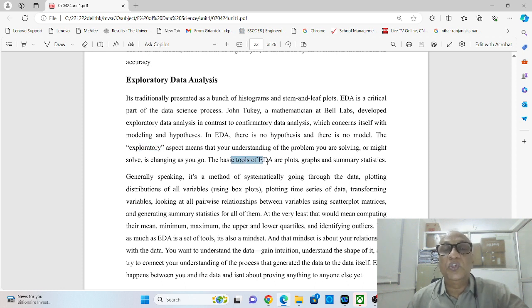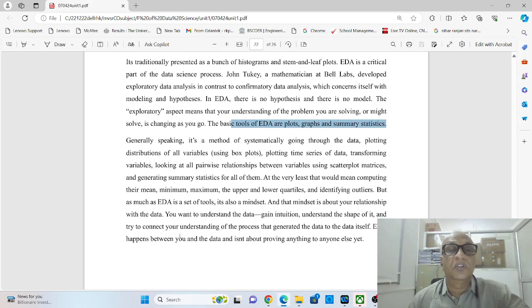The basic tools for exploratory data analysis are plots, graphs and summary statistics. So what usually happens in exploratory data analysis is systematically going through the data, plotting the distributions of all variables using box plots, plotting time series of data, transforming variables, finding pairwise relationships between variables using scatter plots, and summary statistics.